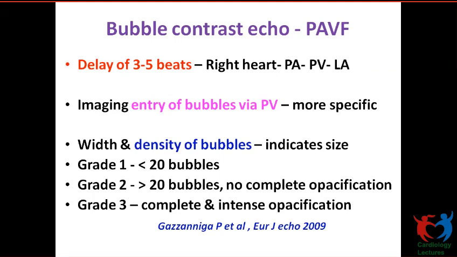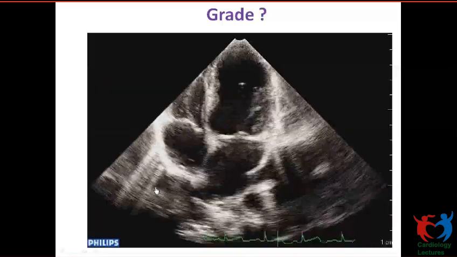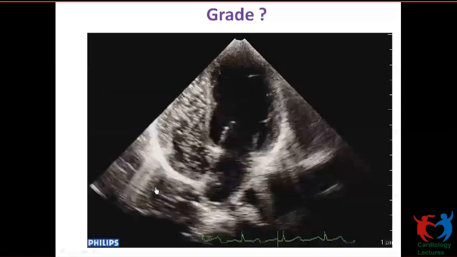And the width and density of the bubbles are graded. Grade 1 is less than 6 bubbles. Grade 2 is more than 20, but no complete opacification. Grade 3 is complete and intense opacification. What do you think here? It's not grade 1.